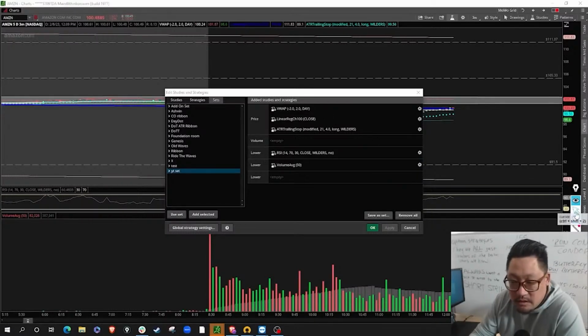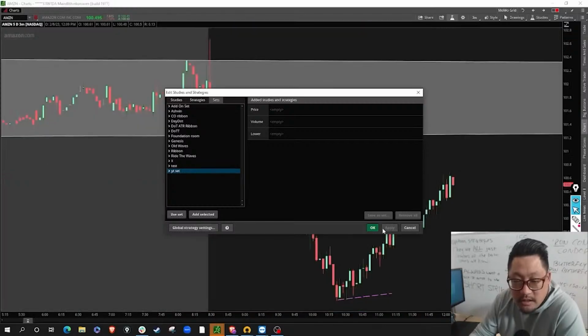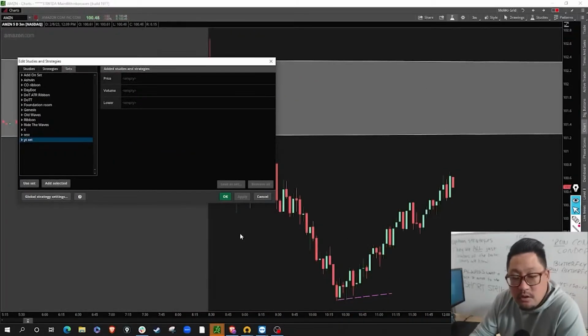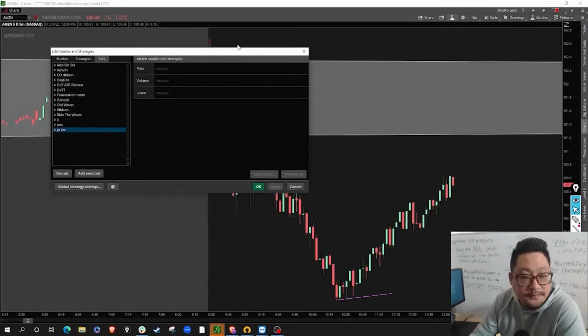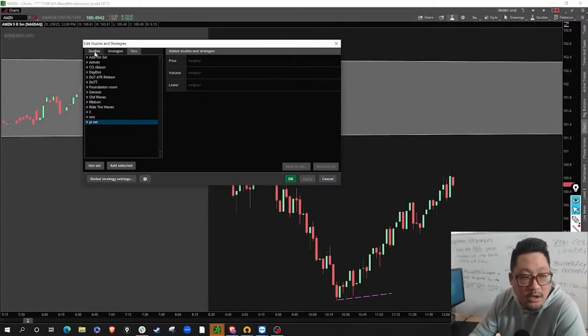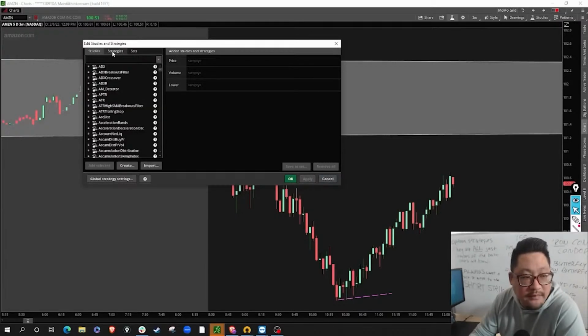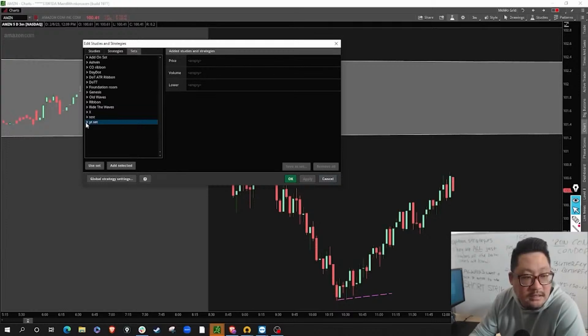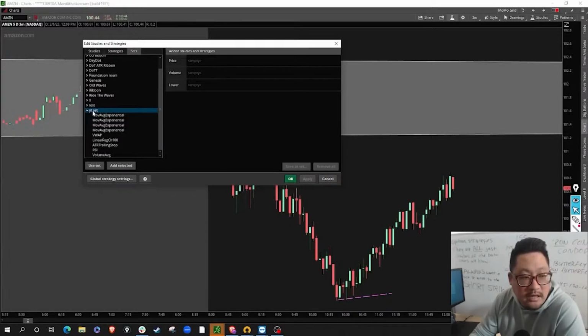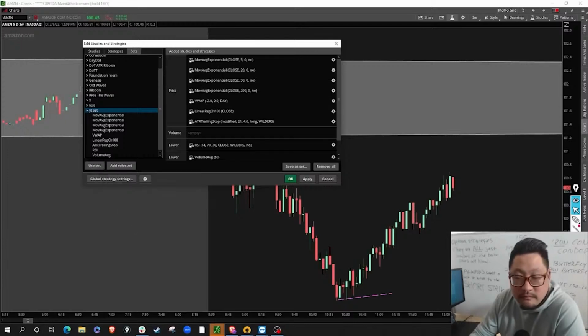Because once that happens, take a look, guys. What I'm going to do here, I'm going to remove all and hit apply. Now you notice all my indicators are gone. Okay, go to the left. You see that there's a tab for studies, a tab for strategies, and a tab for sets. What I'm going to do is highlight the YT set, standing for YouTube set. I'm going to click on Use Set.